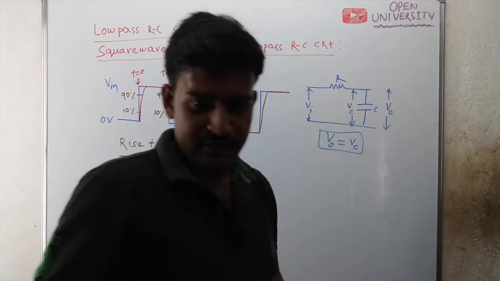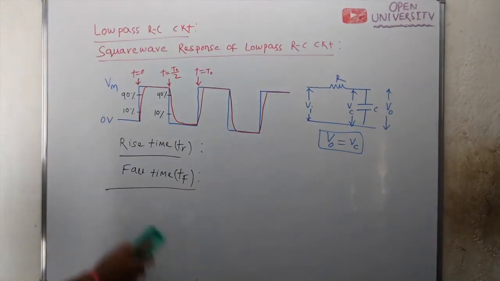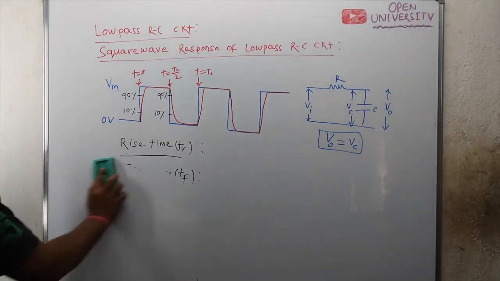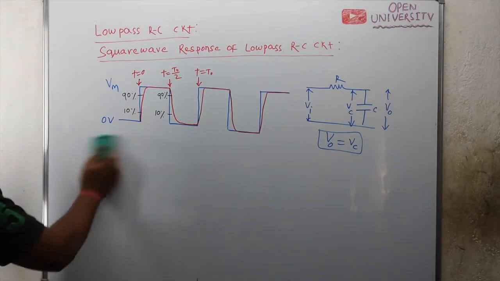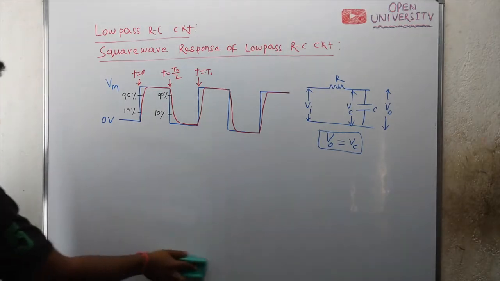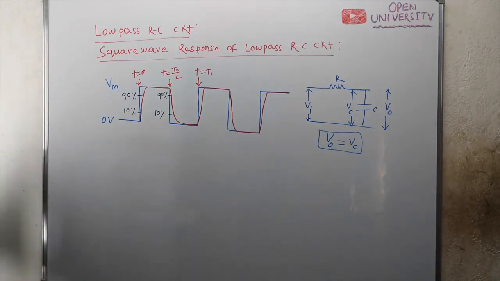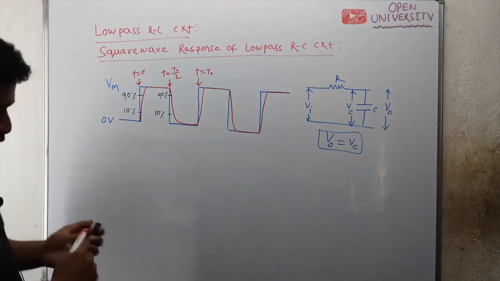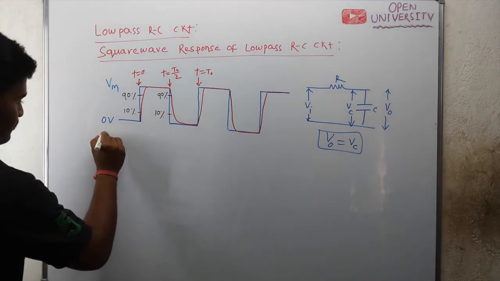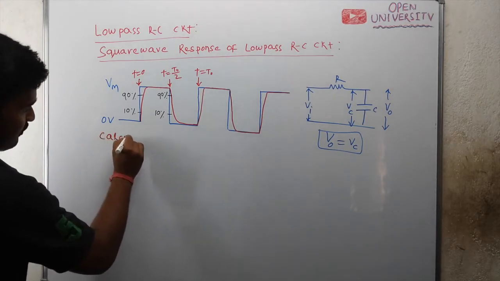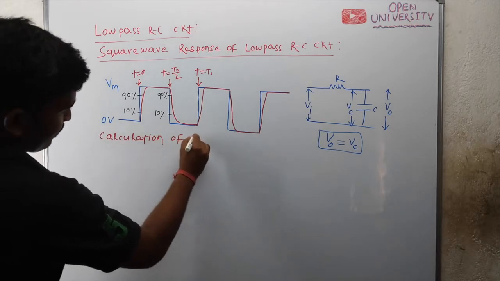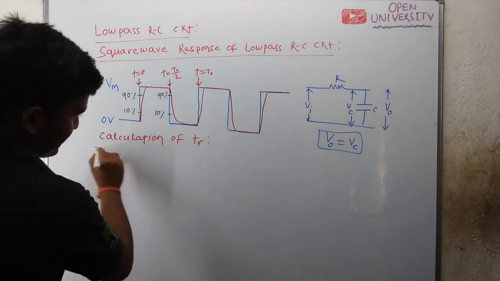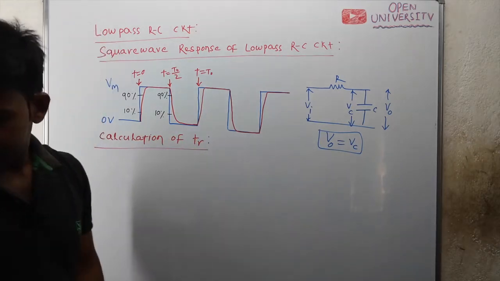So we will first derive the formula for rise time. Give the heading under this low pass RC circuit: calculation of rise time, TR. Okay.